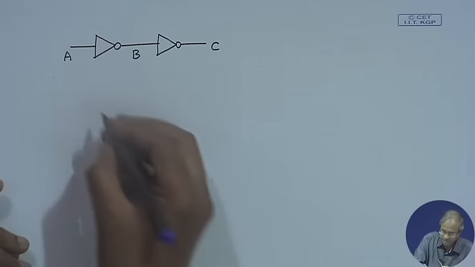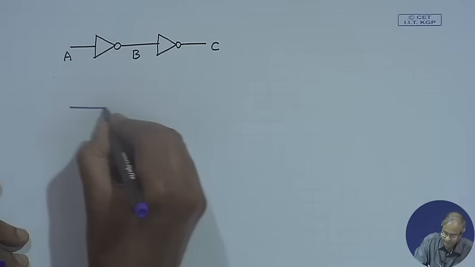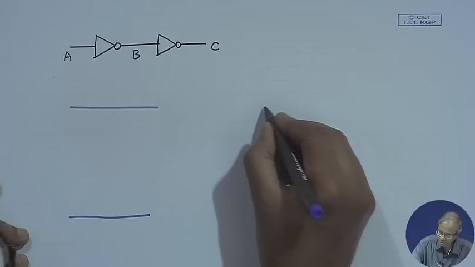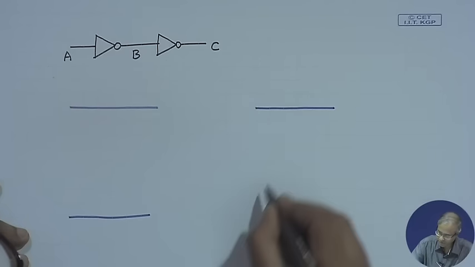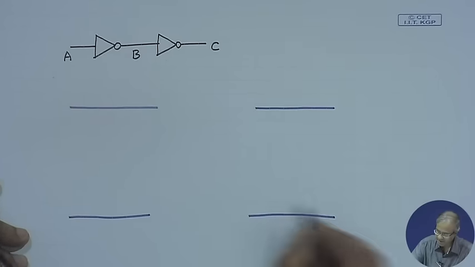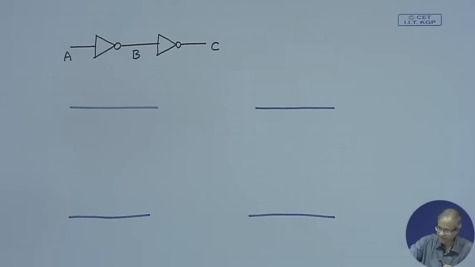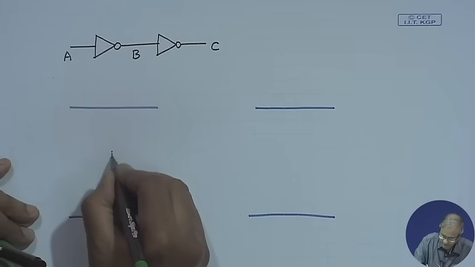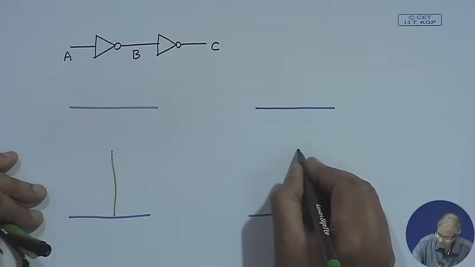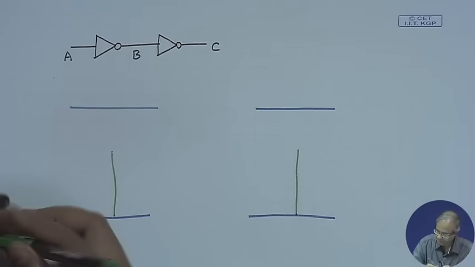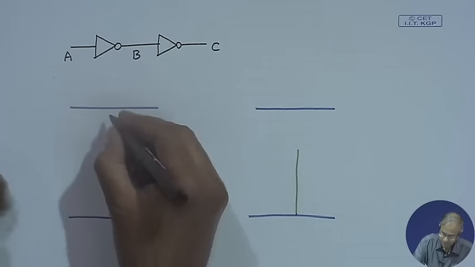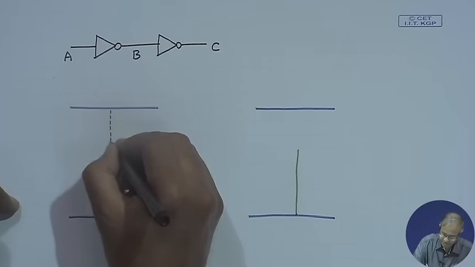So, the stick diagram: these are the VDD and the ground lines. I am showing it for the two gates side by side. These are the diffusion lines. This is the P diffusion.